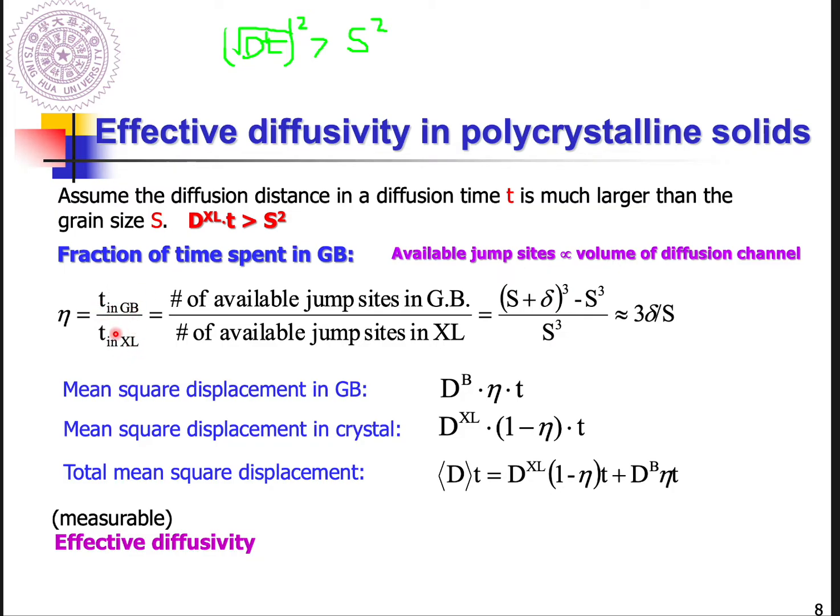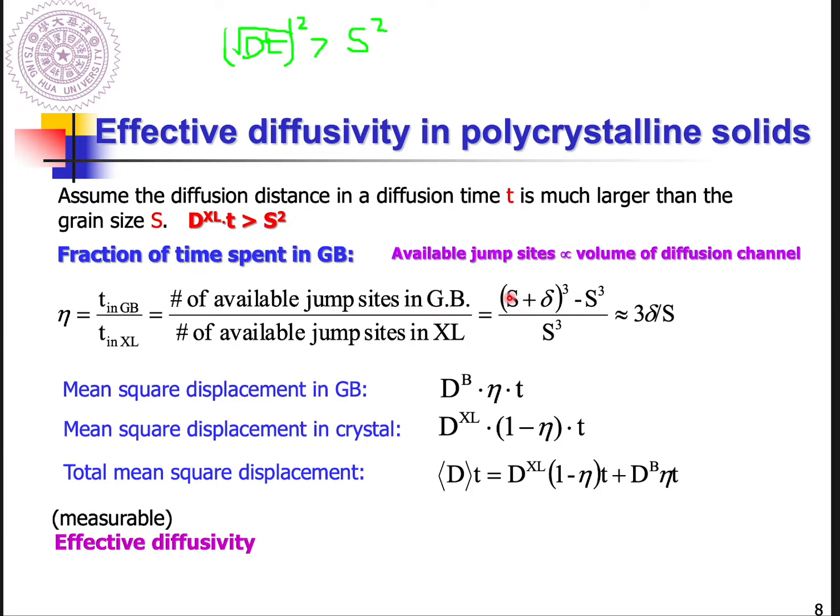The time spent in either depends on the number of available jump sites in the grain and in the grain boundary. So the available jump sites can be considered as the volume of the grain boundary divided by the volume of the grain.